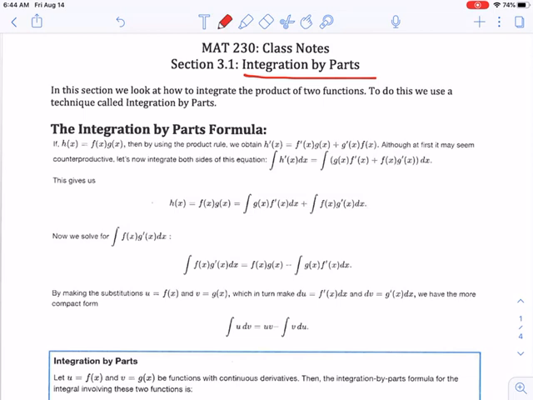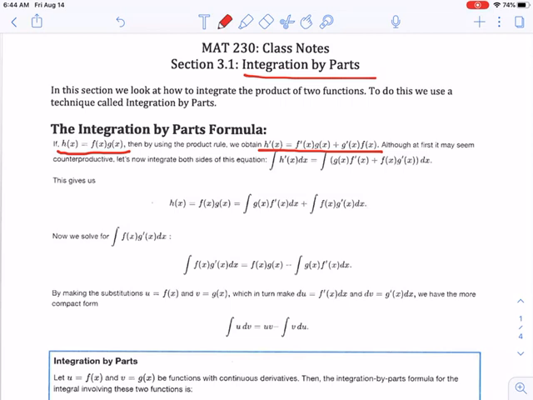So let's say we have a function h of x that is equal to the product of two other functions, f and g. If we take the derivative of both sides of that equation, we end up with this, using the product rule. So h prime of x is f prime times g plus g prime times f.